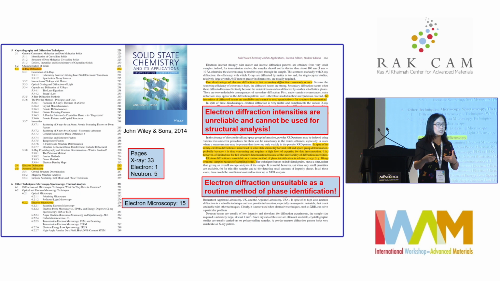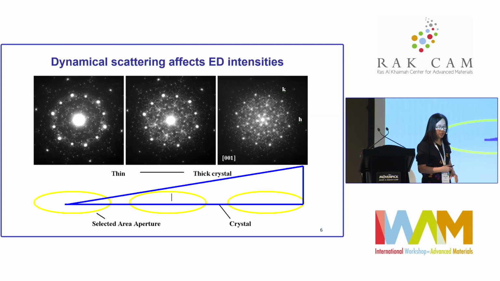So it cannot be used like X-ray diffraction, where it's easy to use it like a fingerprint to get the structure. This is the main reason why not very many people are working in this field.